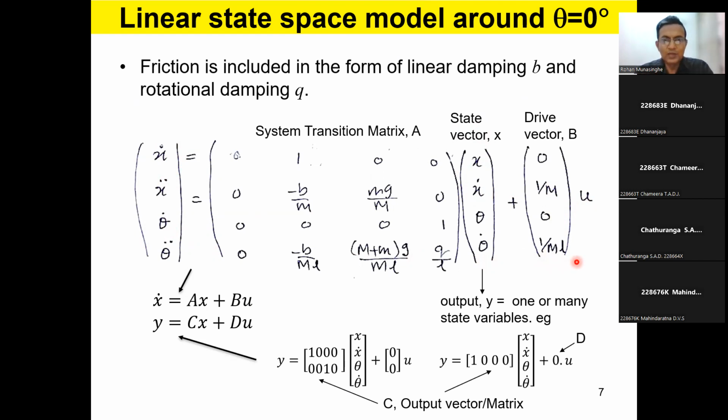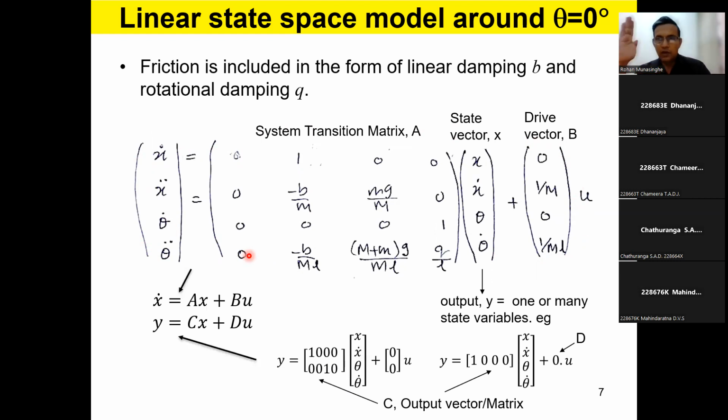You need to spend some time going through each and every step here, and then eventually come to this state where you have the state space model, and it is a linear state space model because we have linearized. And remember, this linear state space model accurately represents the nearly vertical position of the pendulum.